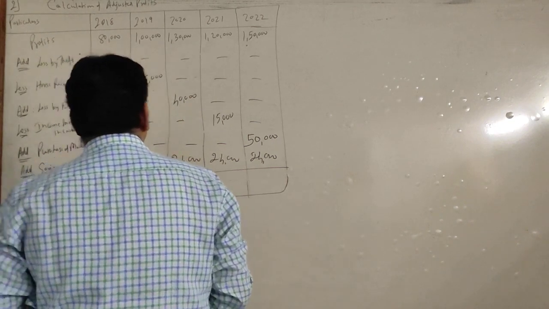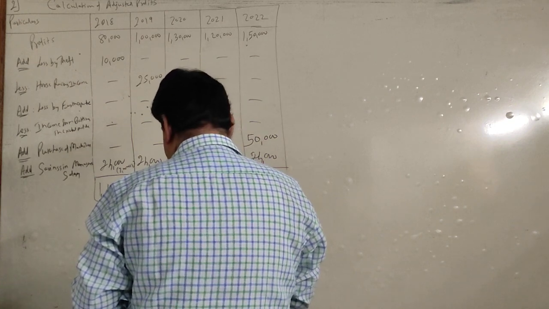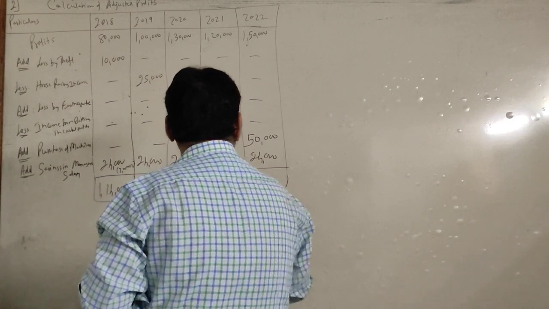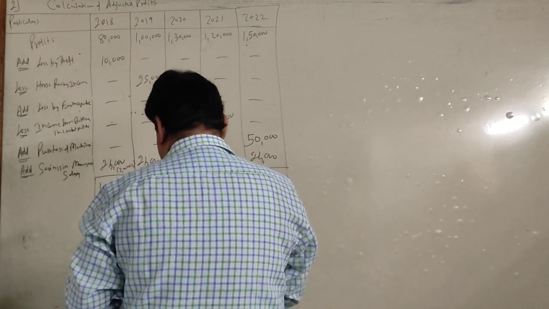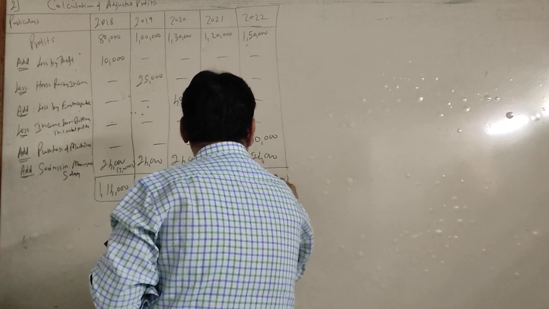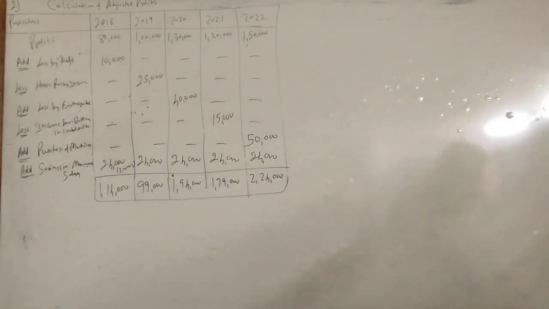Be careful what you are deducting, what you are adding. 120 minus 15 plus 24. 150 plus 74, that is 220.